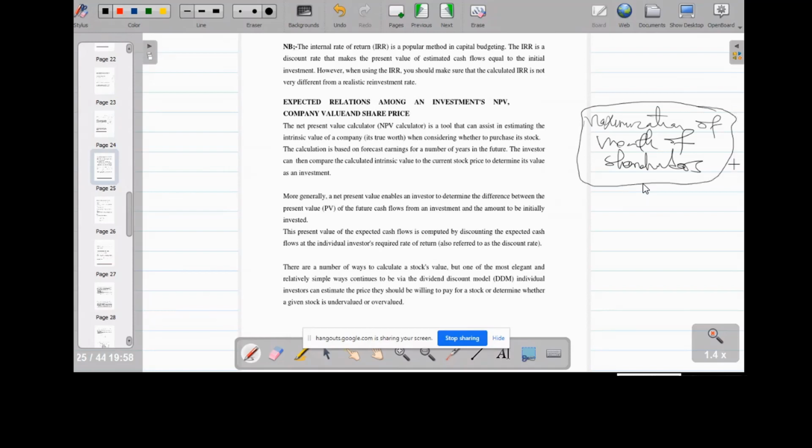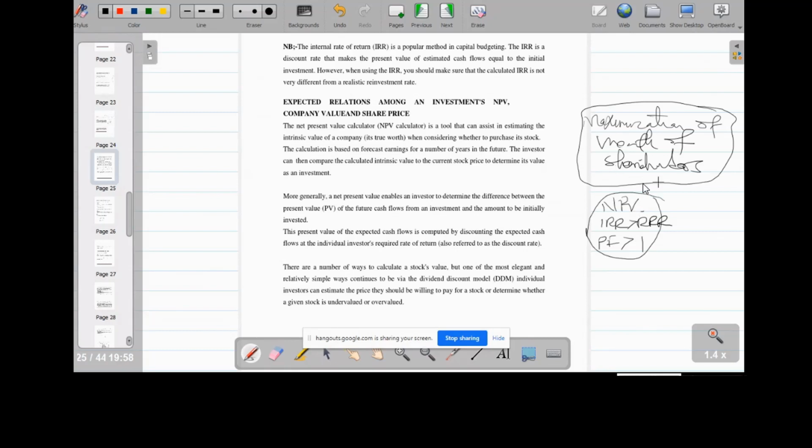And we said, if you accept projects which have positive NPV, or projects which have the internal rate of return greater than the required rate of return, or projects with PI greater than 1, then you are improving the welfare of the shareholders, or you are maximizing the wealth of the shareholders.